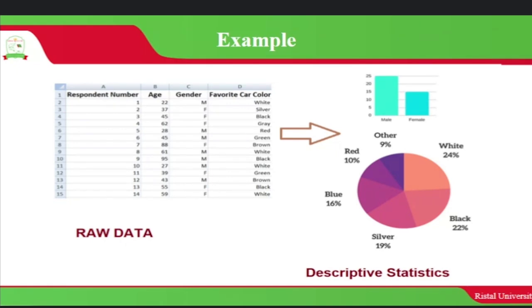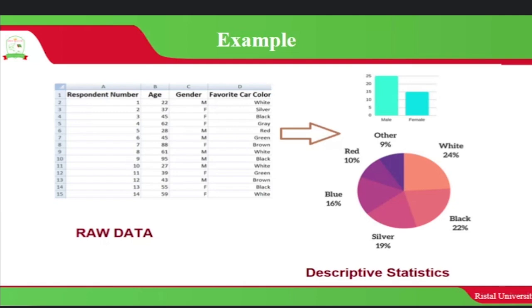Then we have different variables: age, gender in this case, and favorite car color. We may want to see a brief summary of our data from this data set. We may want to have a visualization of what exactly our data entails.